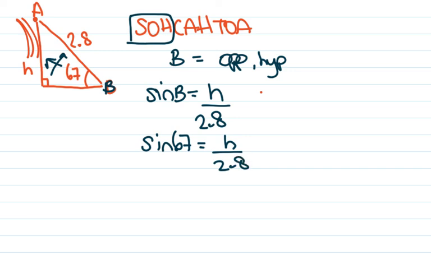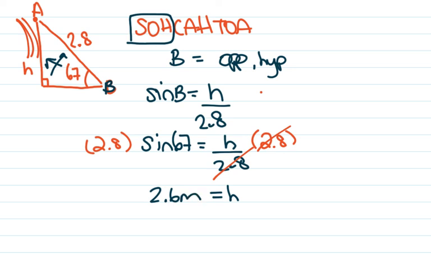I want to solve for h, so I'm going to multiply both sides by 2.8. It will cancel out on the right side. So now h equals 2.8 times sine 67, typed into your calculator, and that's 2.6 meters. So therefore, the waterfall is 2.6 meters tall.